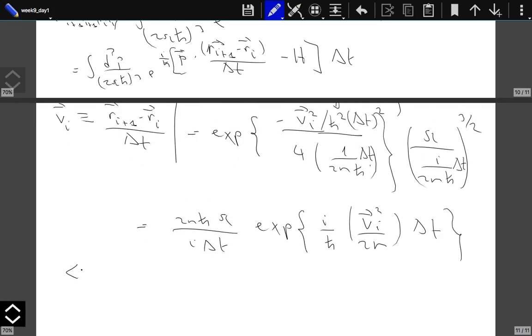Now let me just rewrite it: r_{i+1}, t_{i+1}, r_i, t_i.